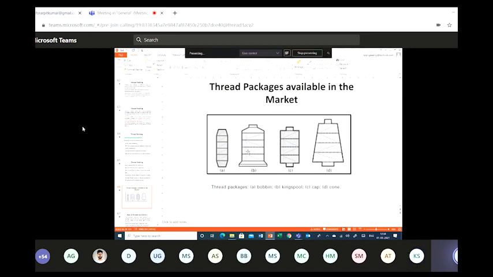So the sewing thread is supplied in the form of king spool, cap, and cone. The size of this cone may be around 600 grams to 1 kilogram. So the moment you put it on, it lasts for a day or more than that.